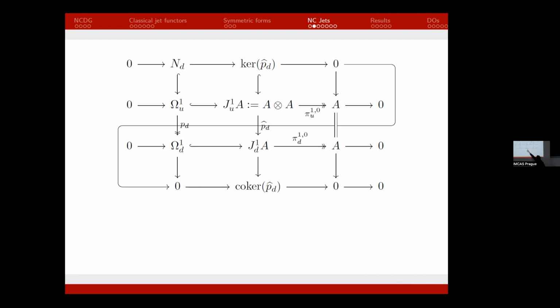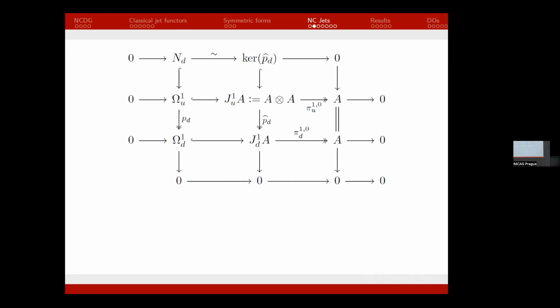So the cokernel is forced to be 0. So P hat D is forced to be surjective. And the kernel of P hat D is forced to be isomorphic to ND. We can basically identify the kernel of P hat D with ND, because we can see ND inside of omega 1 of U and omega 1 of U inside of J1 of U of A.